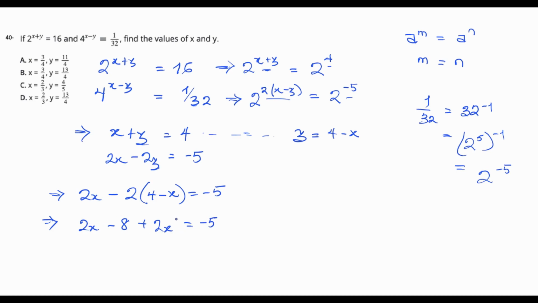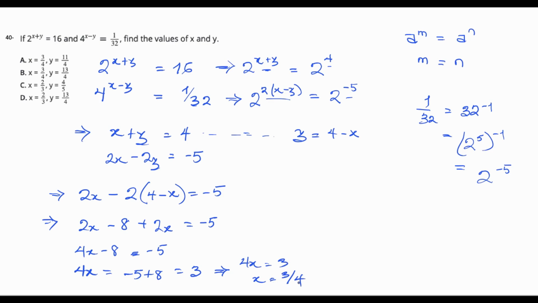So 2x plus 2x, combining like terms, becomes 4x minus 8 equals minus 5. So from here, 4x is equal to minus 5, and if we bring 8 to this side, that's going to be plus 8, and this is going to be equal to 3. So if 4x is equal to 3, then x is equal to 3 over 4 if we divide both sides by 4.